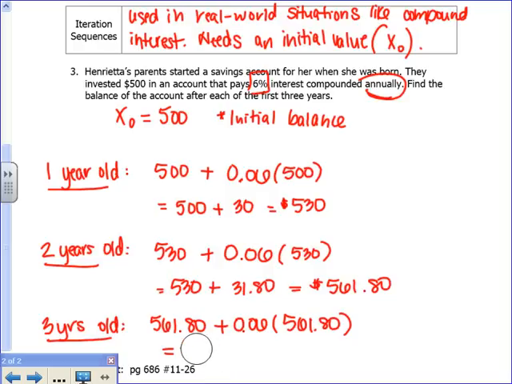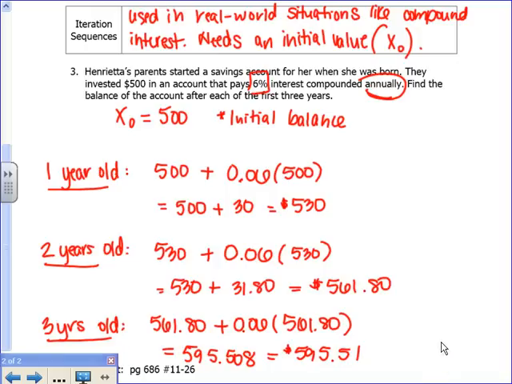Is going to give us $595.508. So let's just go ahead and round that to the nearest penny. So $595.51.